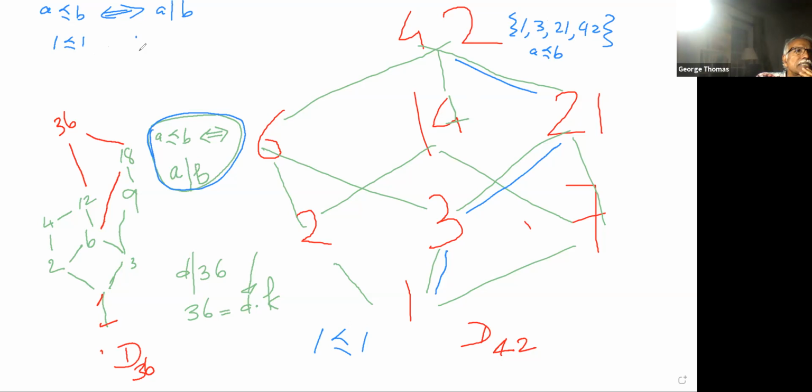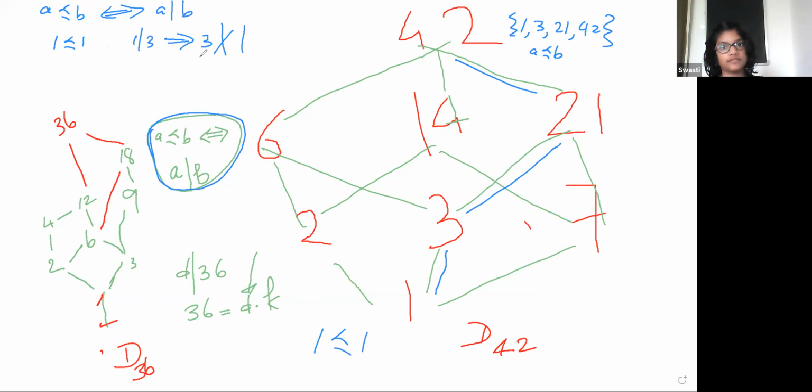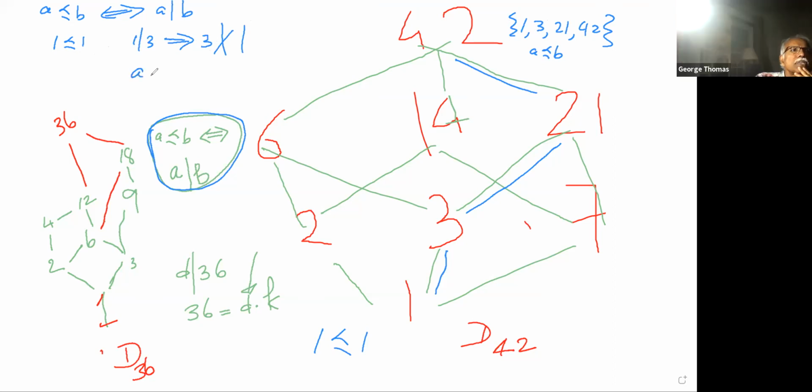And if 1 divides 3, that implies 3 does not divide 1. Agreed? Yes. Therefore, there is no question about AB and BA appearing together, right?